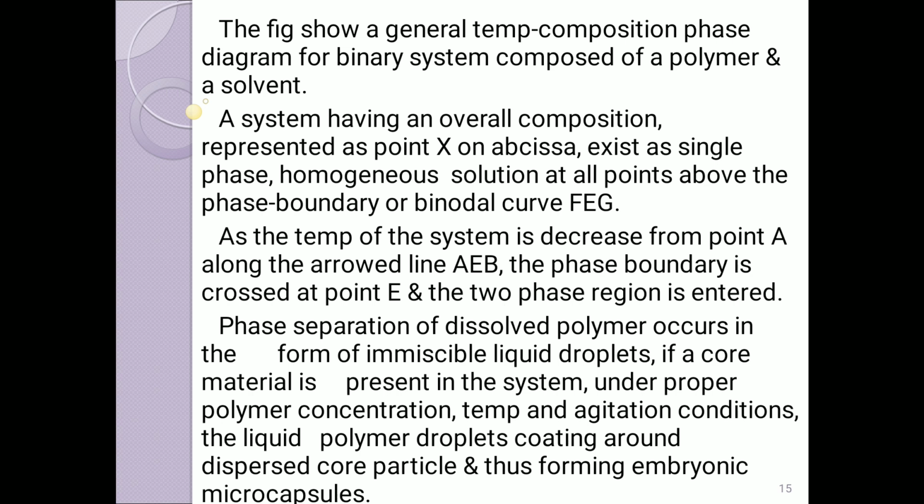If a core material is present in the solvent, under the proper polymer concentration, temperature and agitation conditions, the liquid polymer droplets coat around the dispersed core particles, thus forming the embryonic microcapsules. Here, with proper polymer concentration and agitation conditions maintained, the liquid polymer droplet coating occurs. So the drug which is dissolved in the solvent is converted into a droplet and the polymer coats that droplet, and you obtain the dispersed core particle.